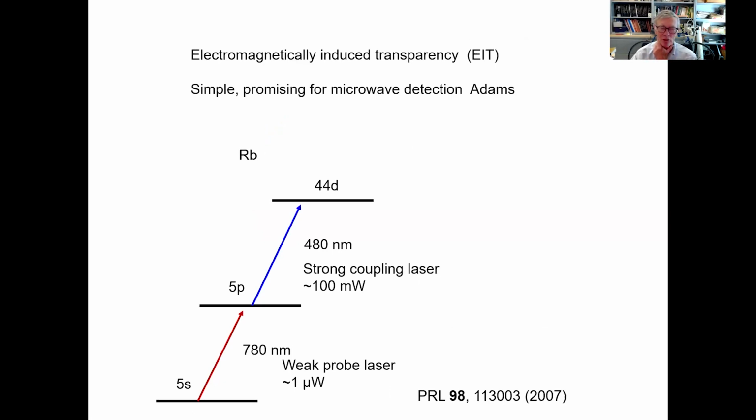So I would like to now move on to electromagnetically induced transparency, which, by the way, is enormously simpler than using the beam apparatus that I showed you earlier. So it requires two lasers, a 5S state to 5P laser at 780, and 5P up to the Rydberg state, which would be about 480 nanometers.